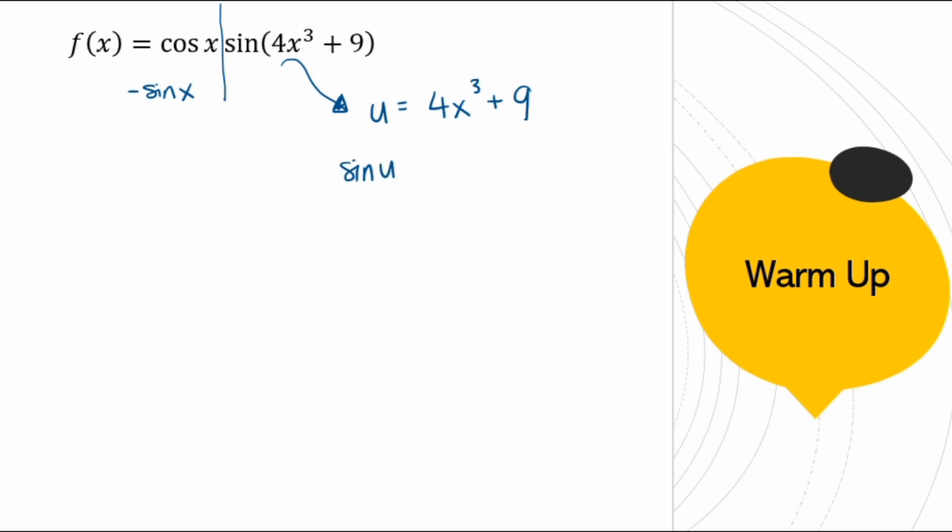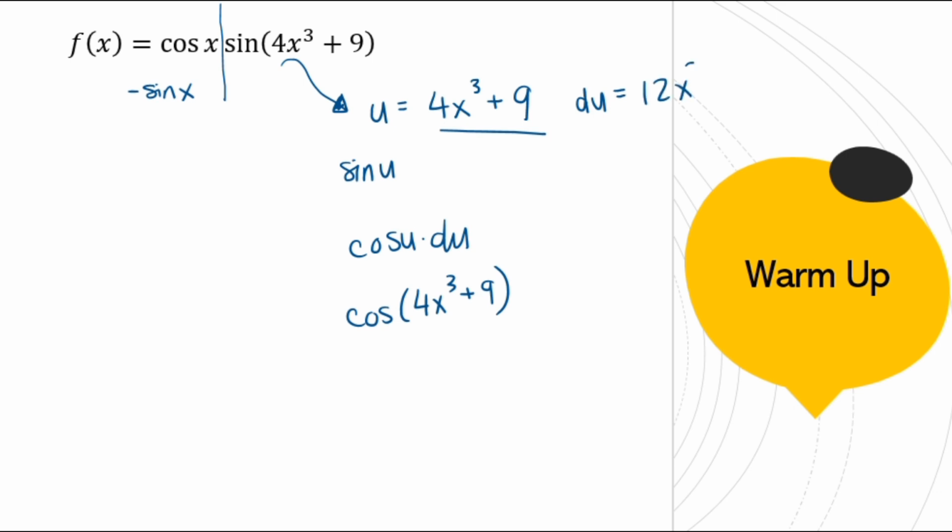So for this, looking at the table or getting your mind wrapped around it, we know that the derivative of sine u is cos u times du. Okay, so we know that that will be cos of 4x cubed plus 9, and we just have to find du from here, and that would have been 12x squared. So there it is, times 12x squared.